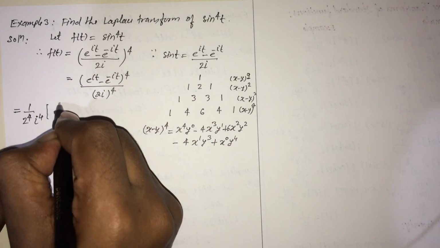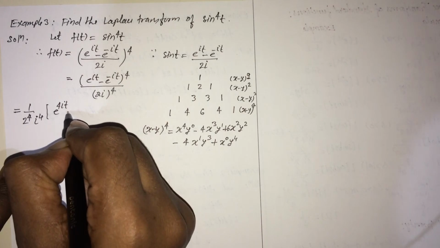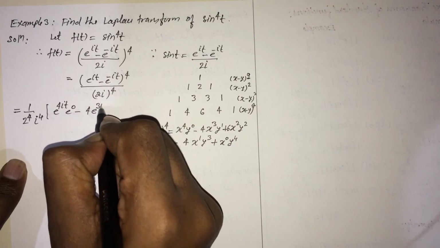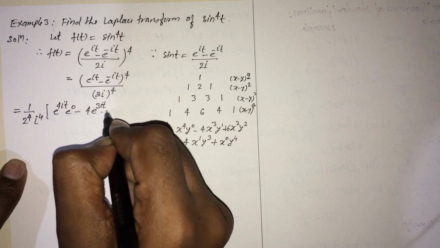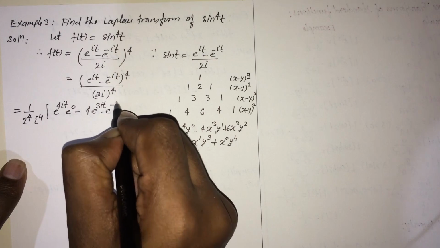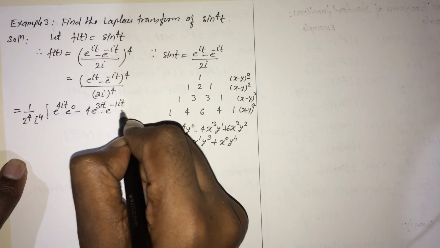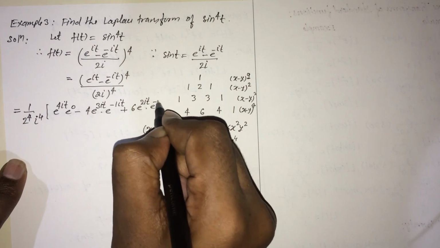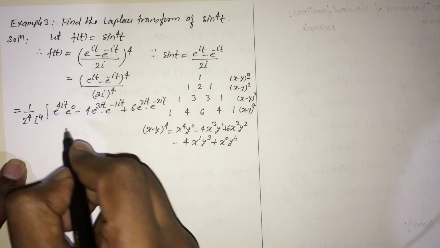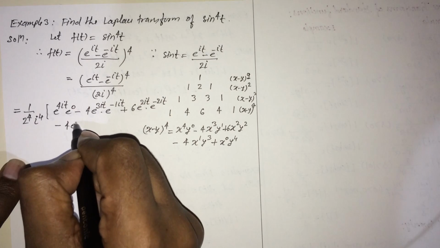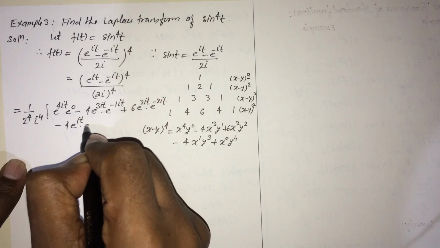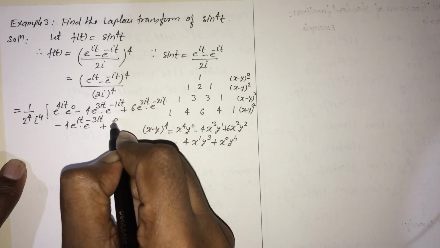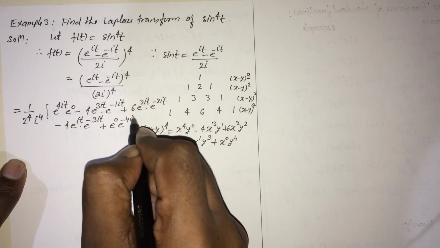So e^(4it) e^0 minus 4 e^(3it) into e^(−it) plus 6 e^(2it) into e^(−2it) and minus 4 e^(it) into e^(−3it) and plus e^0 e^(−4it).